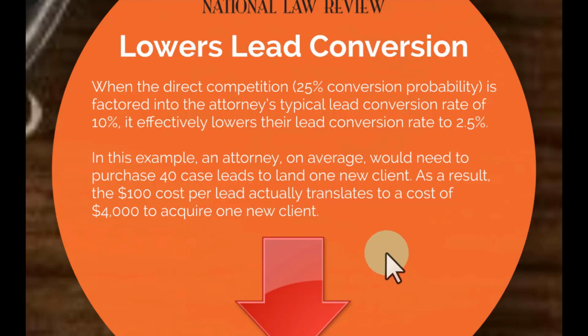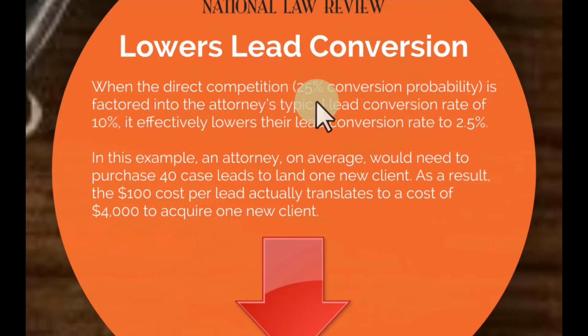So when you're in direct competition, starting out with a 25% conversion probability, you factor that into a typical industry lead conversion rate of 10%, according to the National Law Review. It lowers the lead conversion rate to 2.5%. Remember, you started at 25. Your industry average conversion rate is 10%. 10% of 25 is 2.5%.